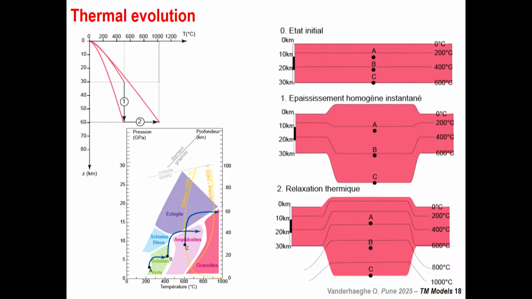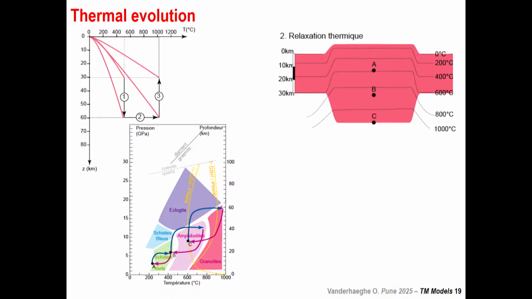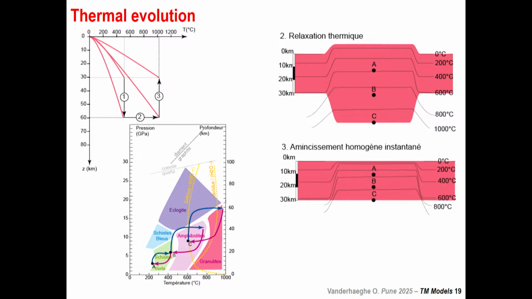Now take that thickened and thermally relaxed crust and instantaneously, very rapidly, thin it. So you take this point and you put it back to 30 kilometers. Take this point with its temperature and put it back to 30 kilometers.